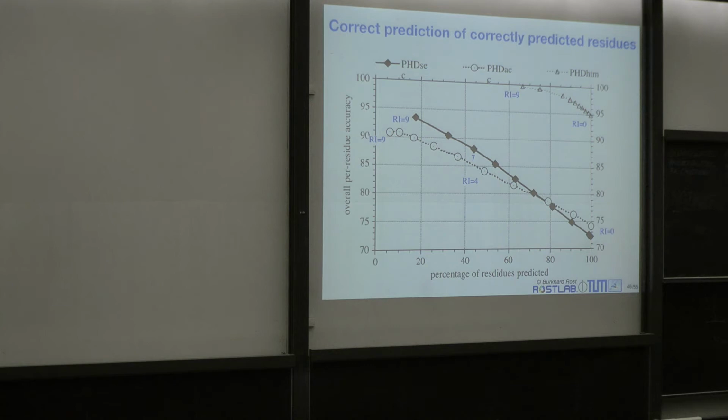If the value on this one is 0.6 and the one of that 0.4, you also say buried. Same decision, but in terms of the prediction there's no difference, but the difference is in this reliability index.